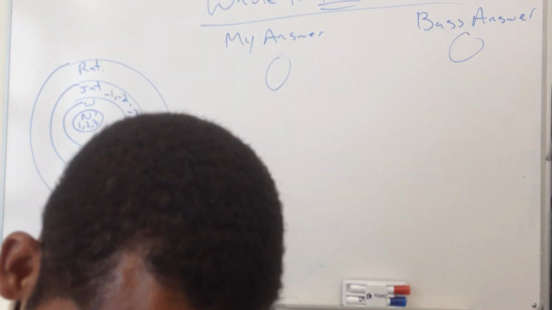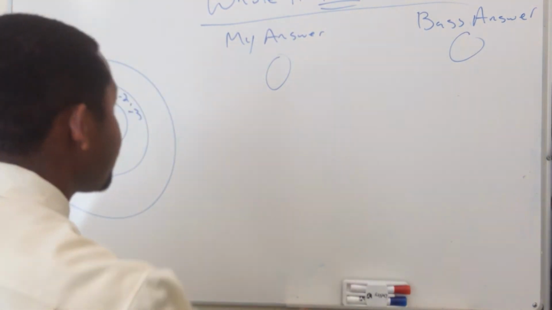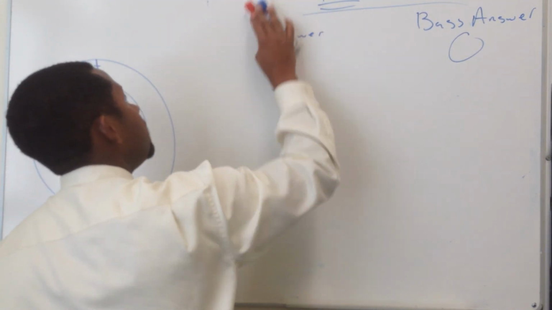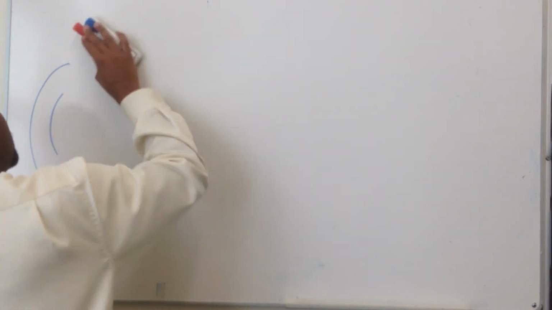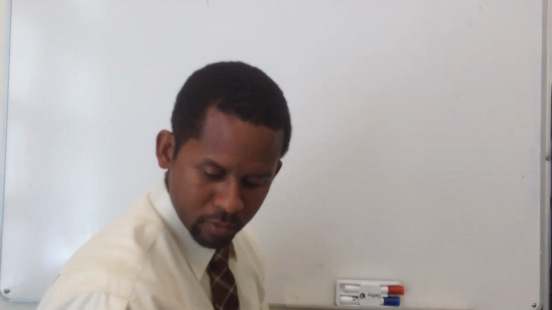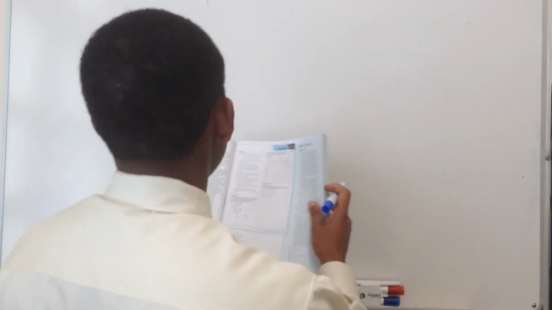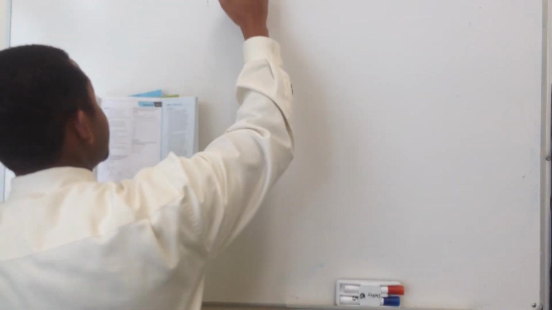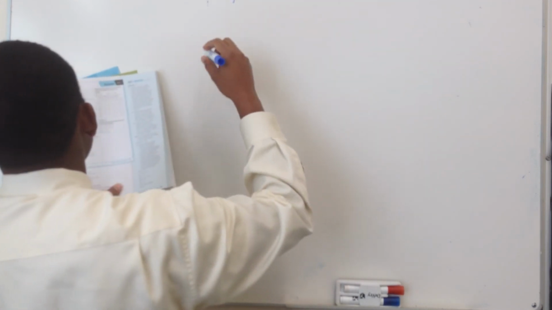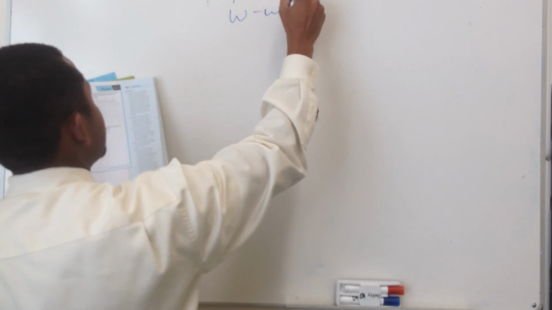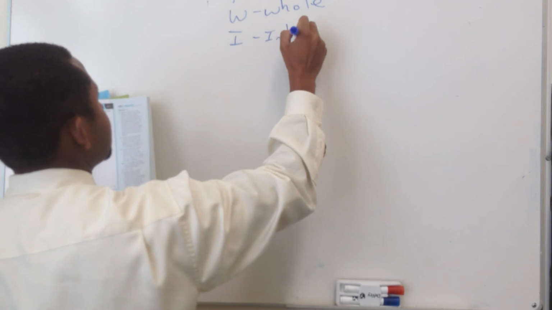These are the last things that you need to do now. You're going to use N for natural, W for whole, I for integer.